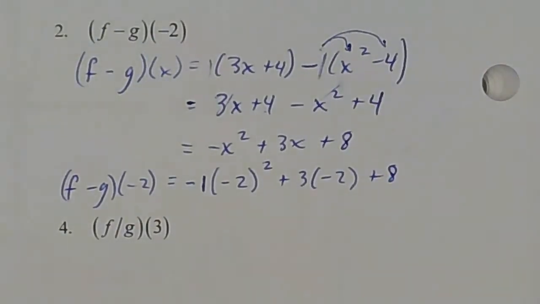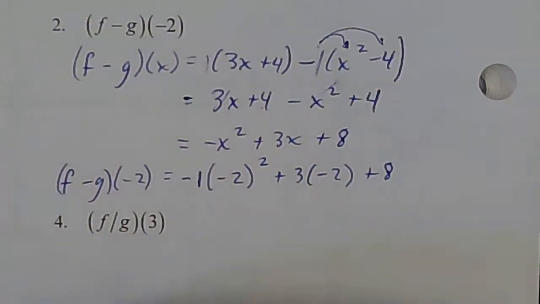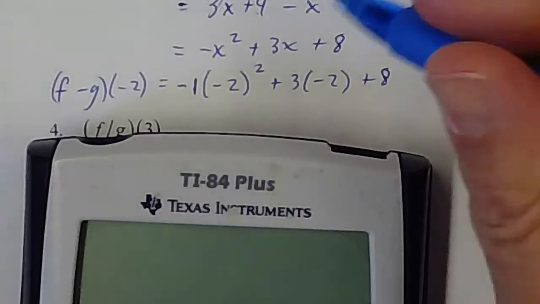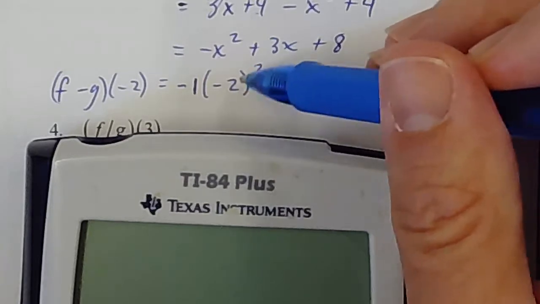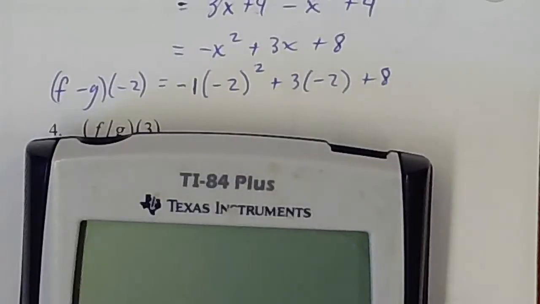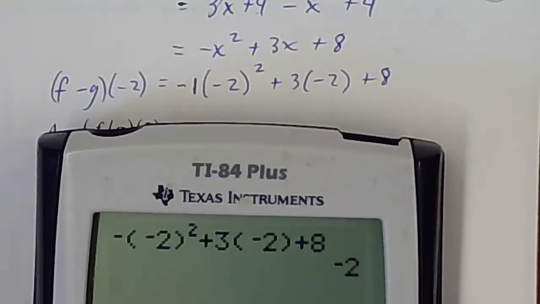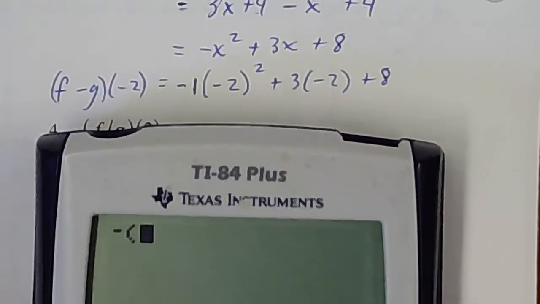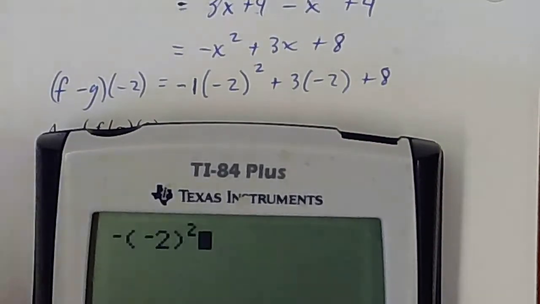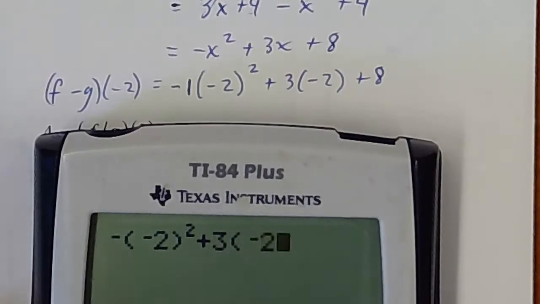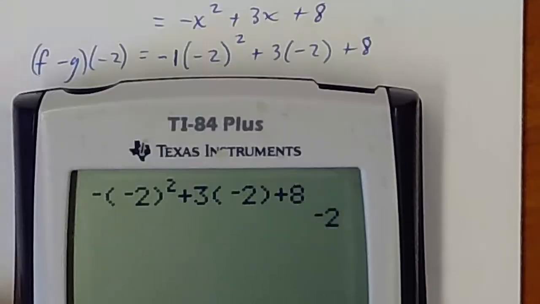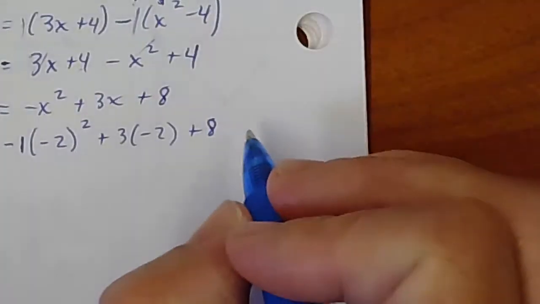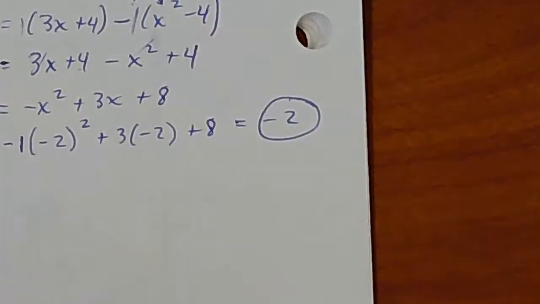Now, if you're worried about messing up the order of operations or making a small mistake with some mental math, the safe approach is to plug it in here, but we would have to, if we did it step by step, do your exponents to get positive 4, then multiply, and then add. But here we can punch it in just like this. -2 squared plus 3 times -2 plus the 8. Carbon copy of what you see on paper, and we get -2. Okay? So that's our answer.